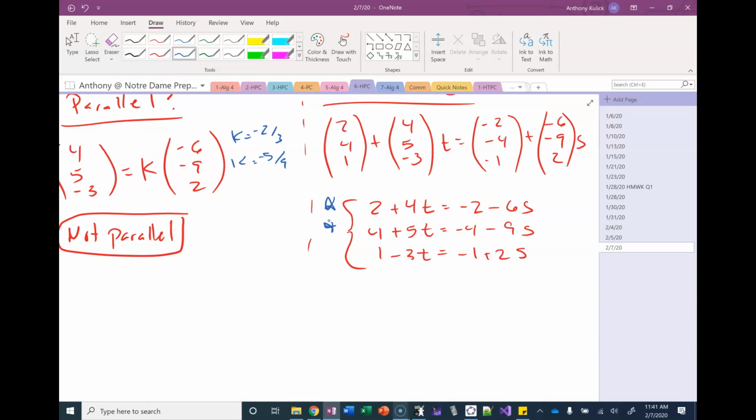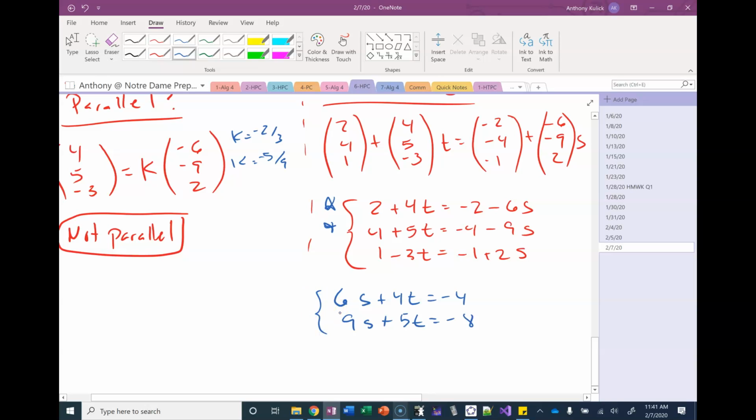And while I'm at this, I'm going to reformat them so that I have the S's and T's on one side and the constants on the other, so I can have it set up to put into a matrix. So I have this system.